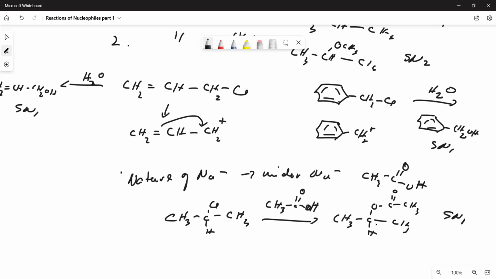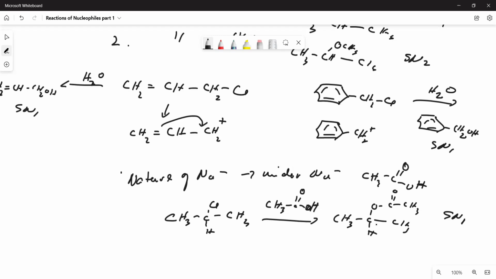You notice in SN1 reaction that the nucleophile is also the solvent. Like water is a nucleophile, but it's the solvent also. So if the solvent is part of the reaction, you call the process solvolysis.